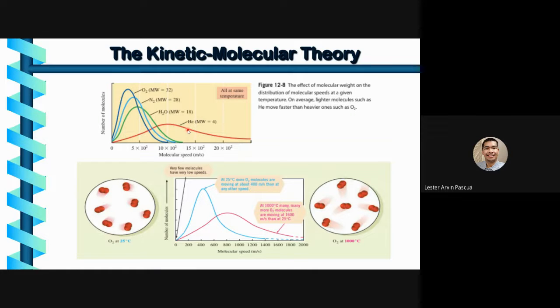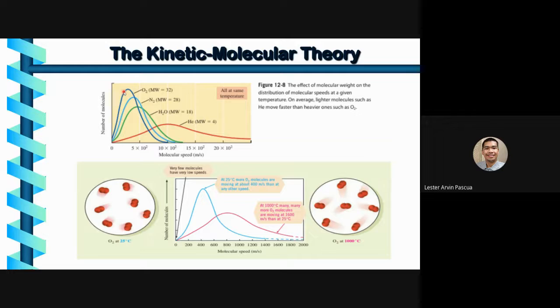Mas mabilis yung movement ng mga molecules mo pag magaan yung particle mo. On the other hand, kapag mas mabigat yung gas molecules mo, mas mabagal yung movement nila. Pero at the same time, mas consistent.